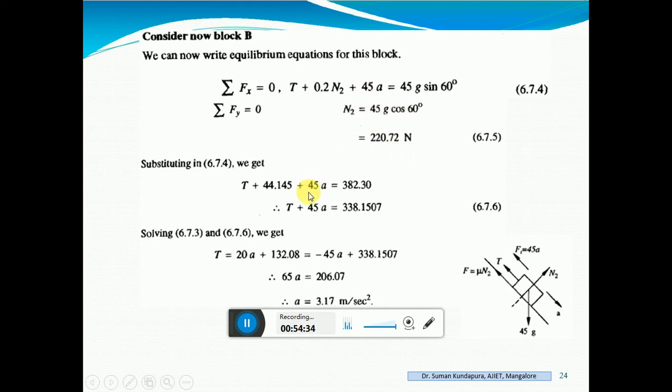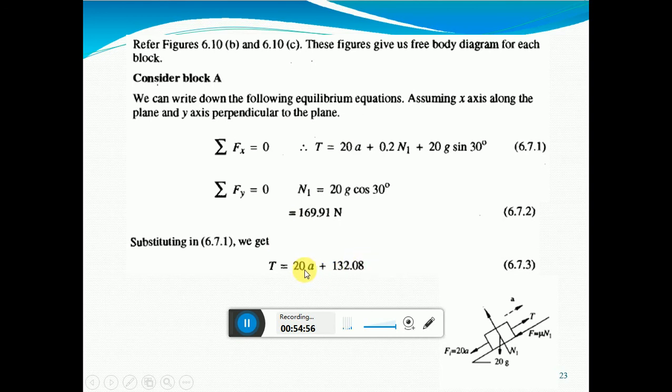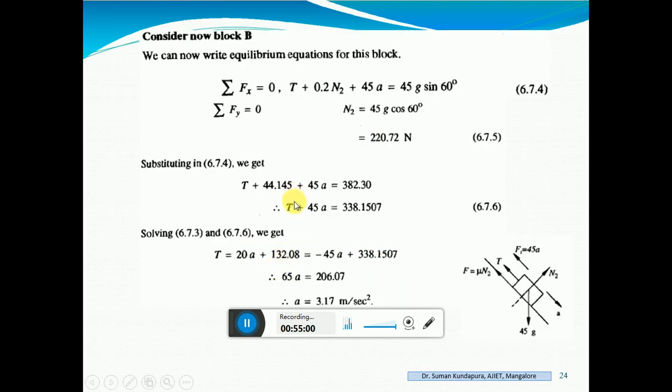So substituting here, you will get an expression for T plus 45a. Now get the equation for T, 338 minus 45a, this one and the previous equation. Substitute this, equate this T with this T, you will get the expression. Find out what a is.